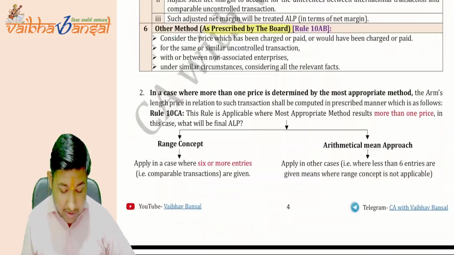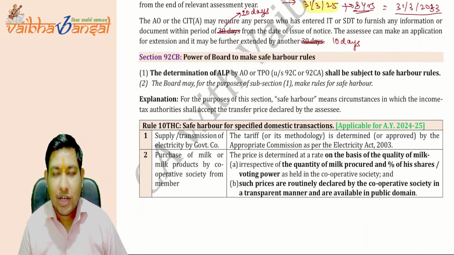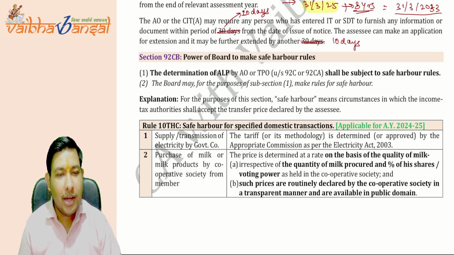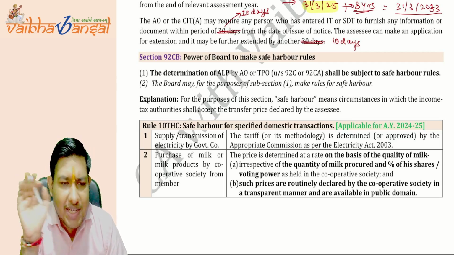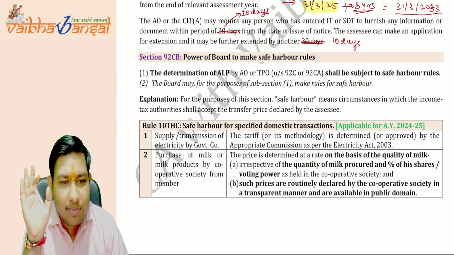We have completed the definition of the specified domestic transaction, now we are coming to the safe harbor rules. See, safe harbor is just like presumptive taxation. Under the PGBP, you have completed the presumptive taxation.